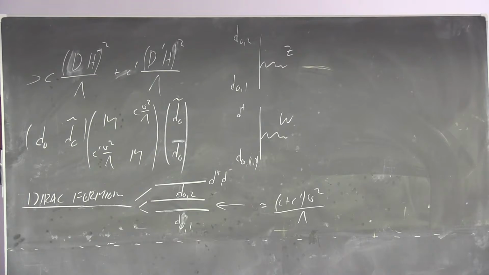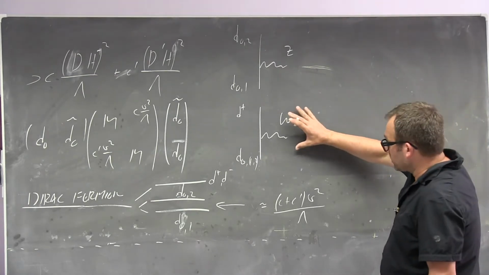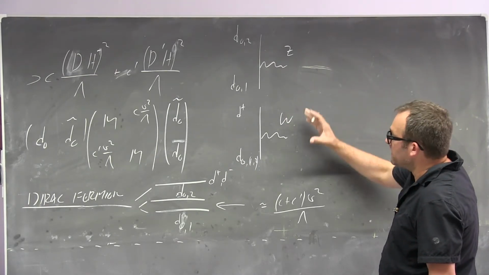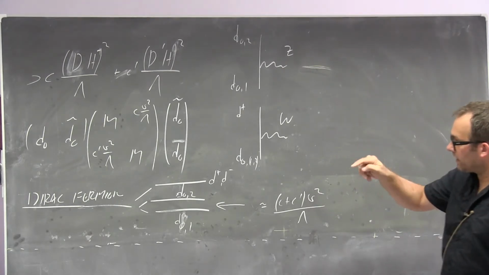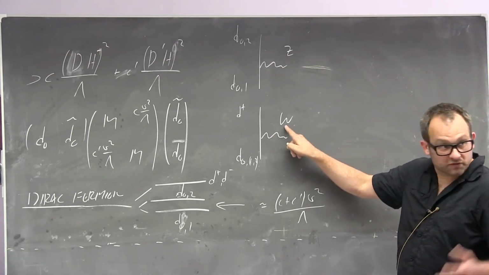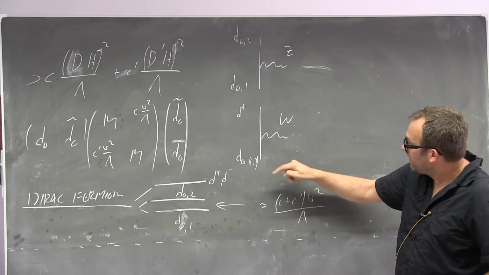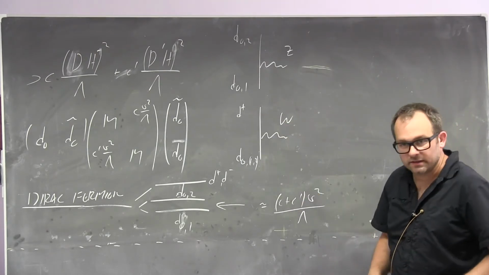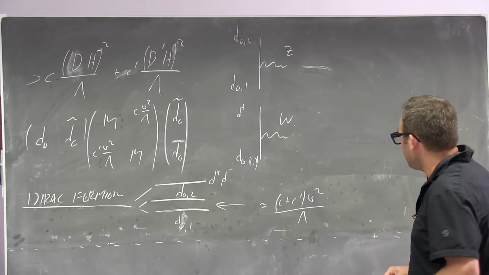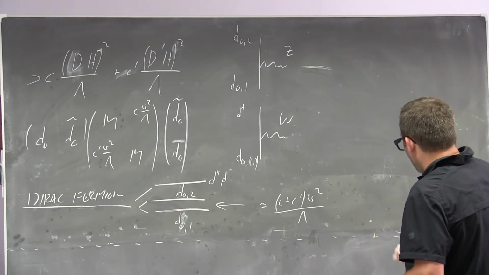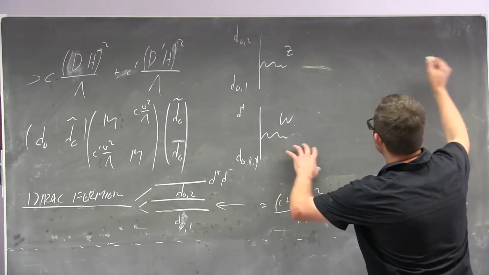So we certainly have these interactions, which means that if we go early enough in the universe, the W will talk to the standard model bath, and that will populate these species.